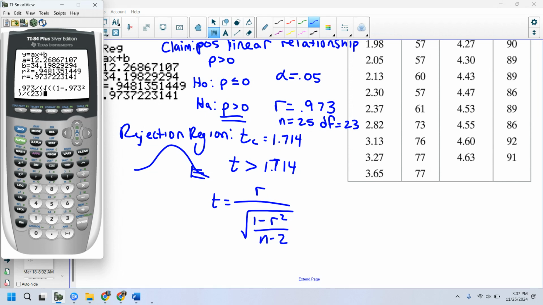Just double checking that, perfect. Whoa! Did I do that right? Hold on a sec. 1 minus 0.973 squared, is that 1 minus r squared? Divided by 23, and then r 0.973 divided by that.